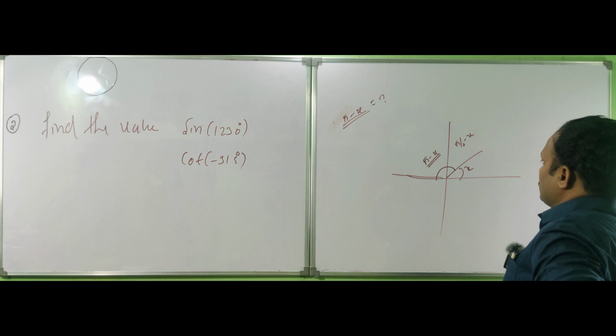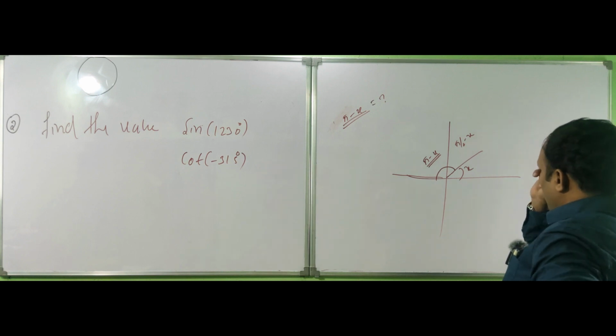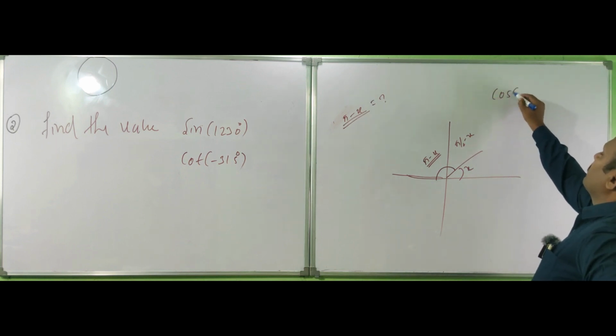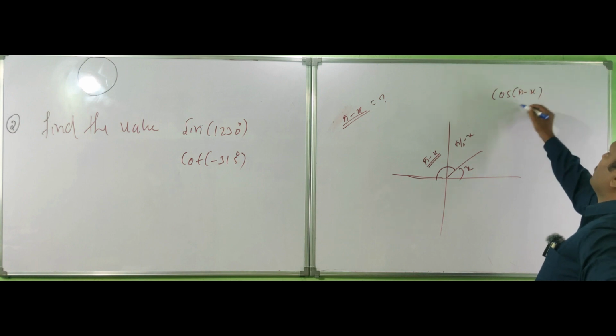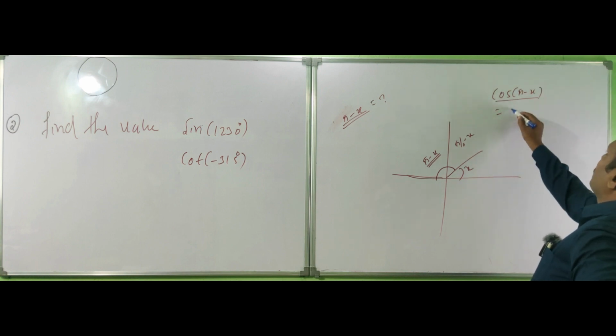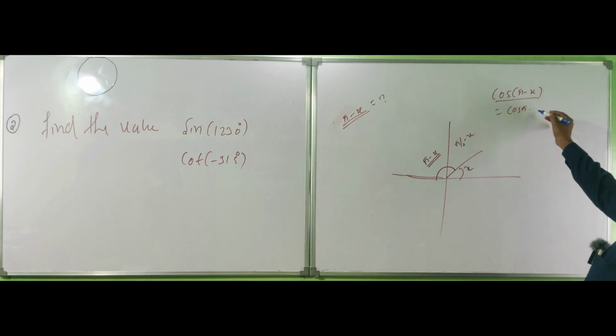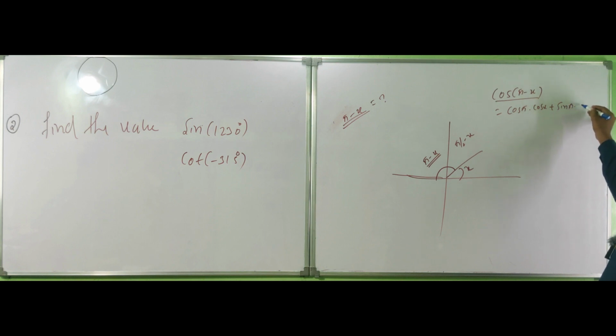This is the pi minus x. What is the formula for cos of pi minus x? Cos pi into cos x plus sin pi into sin x. What is the cos pi value?